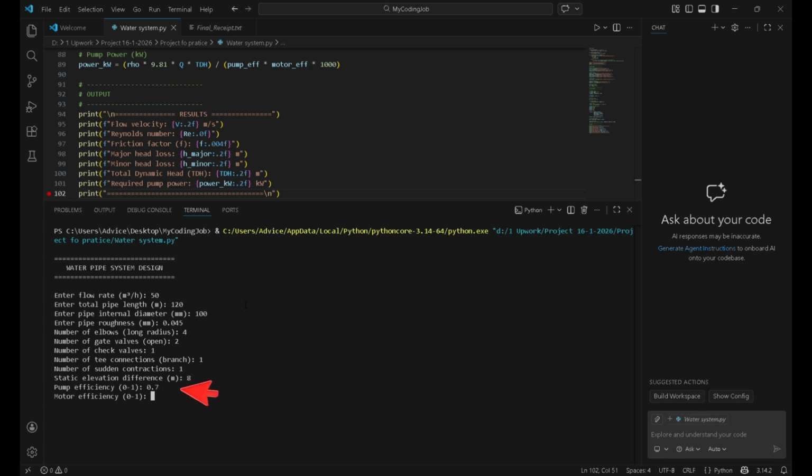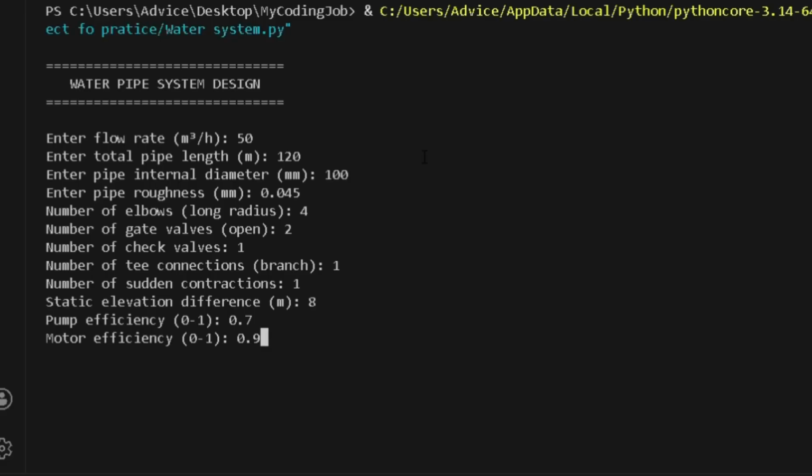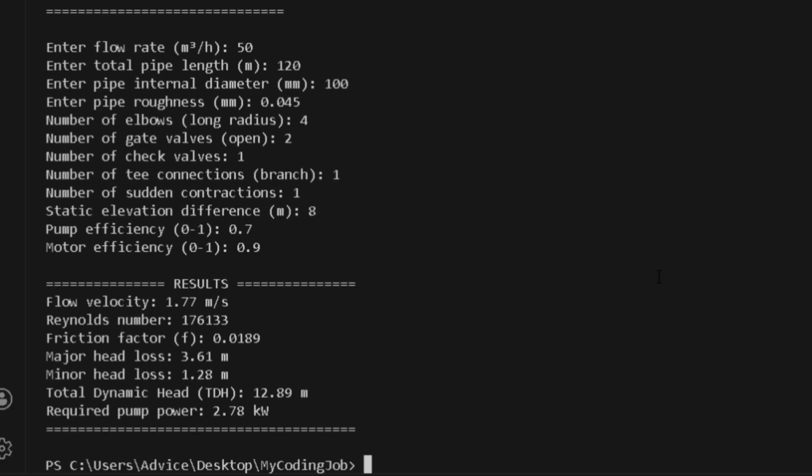Efficiency affects required pump power and overall energy consumption. 12. Motor efficiency, 90%. A motor efficiency of 0.9 is used, reflecting standard industrial electric motors, IEC, NEMA. Higher motor efficiency improves electrical to mechanical energy conversion and reduces operating cost.